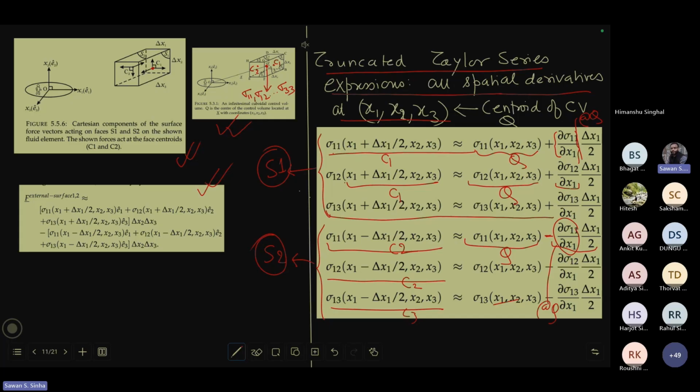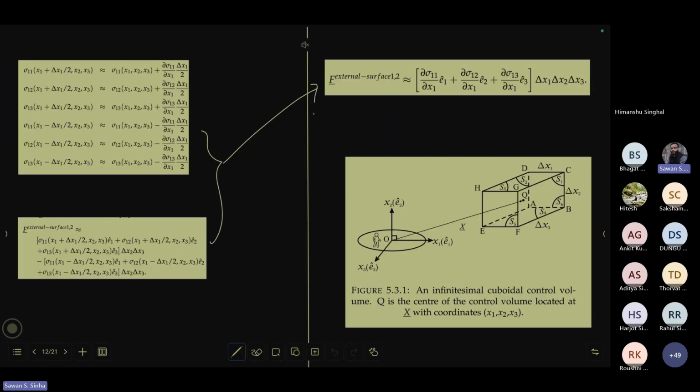You can see some of these things will get cancelled out, and that is why I want to consider these two surfaces together. All right, so you use these expressions and try to find this total external surface forces acting on the mass through surface S1 and S2. If you simplify the algebra, I have not shown all the steps, you must do it on your own at least once.